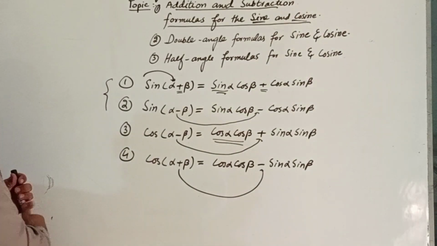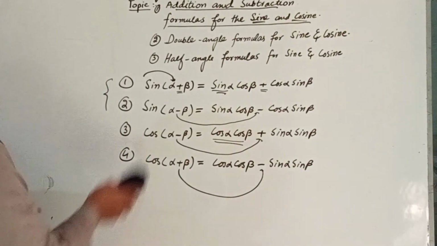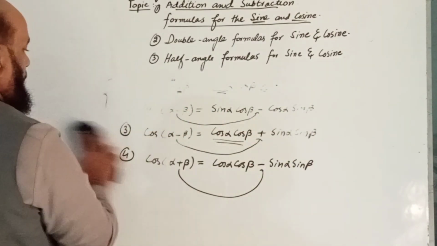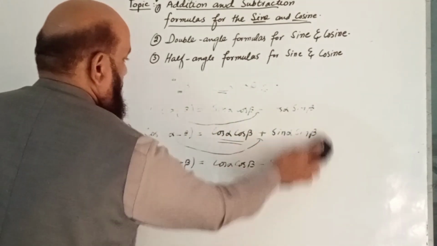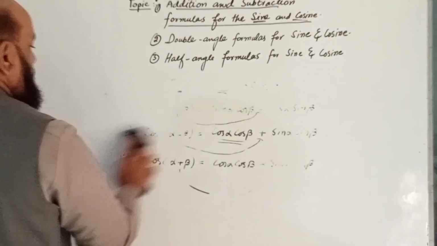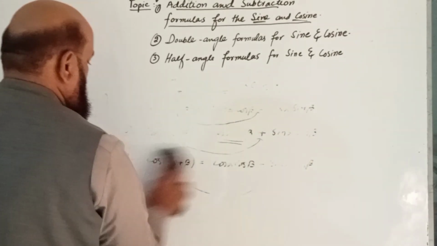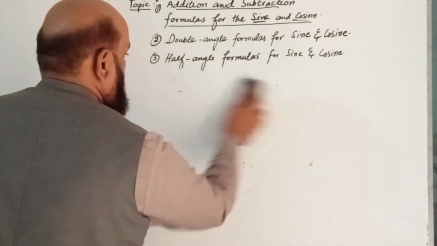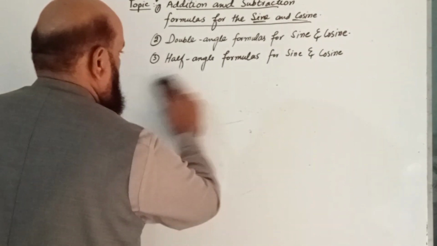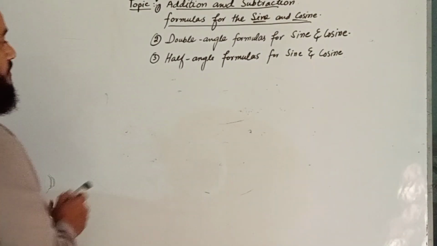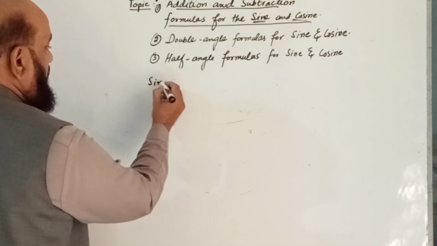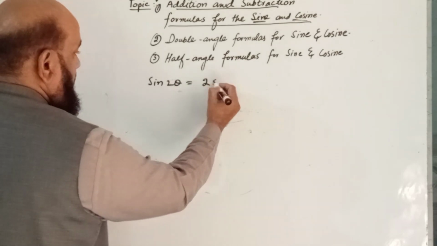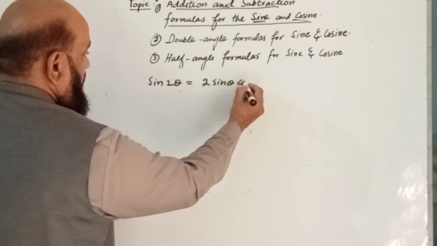Now the second topic is double angle formula for sine and cosine. Double angle means sine of 2 theta, which gives 2 sin theta into cos of angle theta.